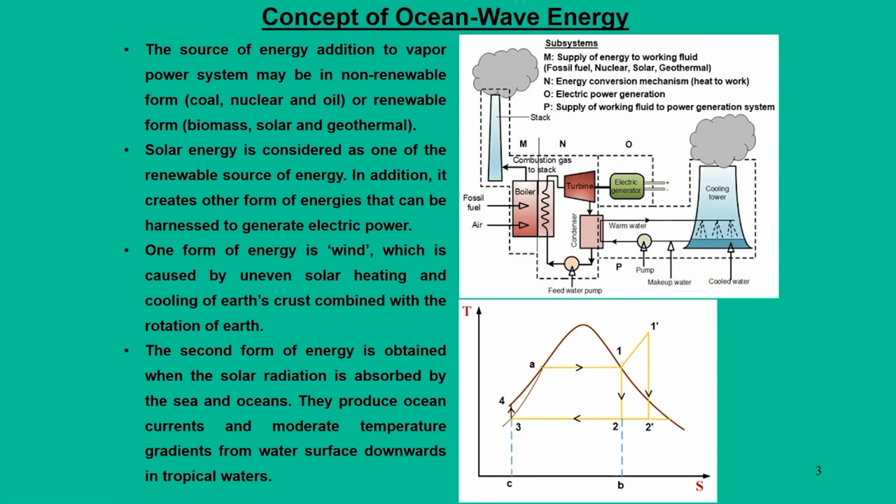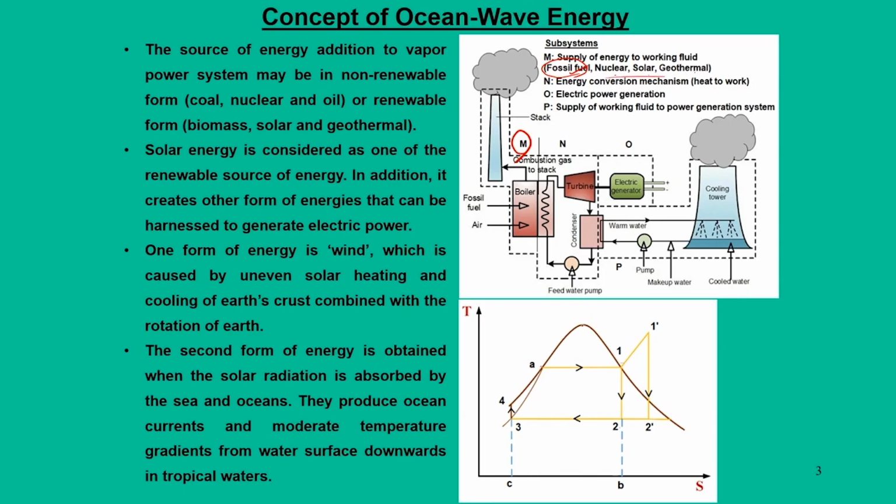One is this region M, and that is nothing but the supply of energy to the working fluid. It can be fossil fuel, nuclear, solar and geothermal. When we dealt with steam power systems, our main target was the use of fossil fuels. We never bothered about any other resources.